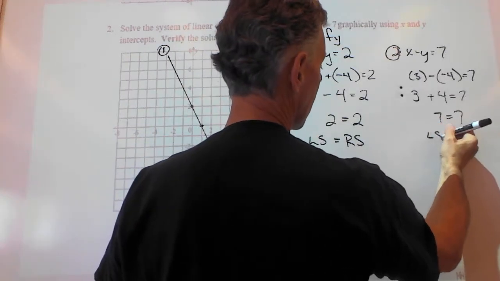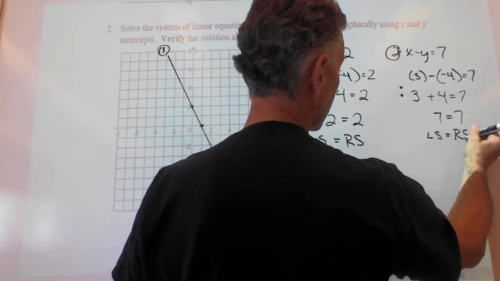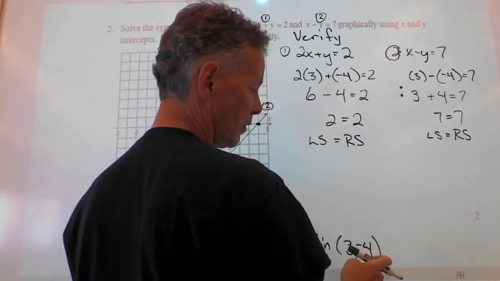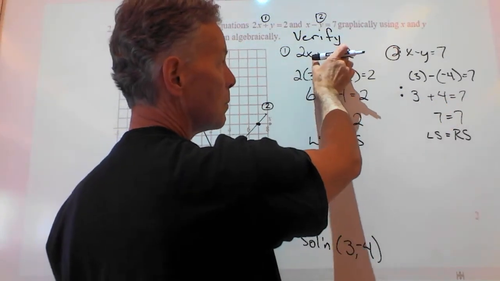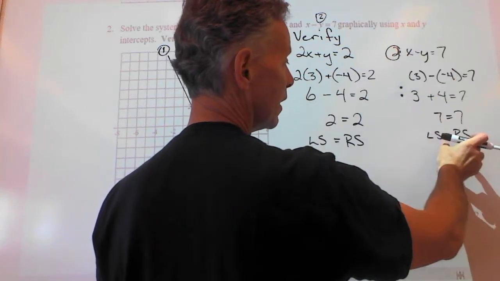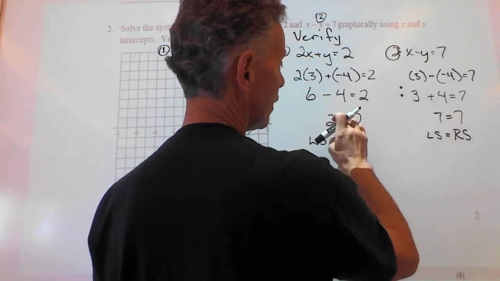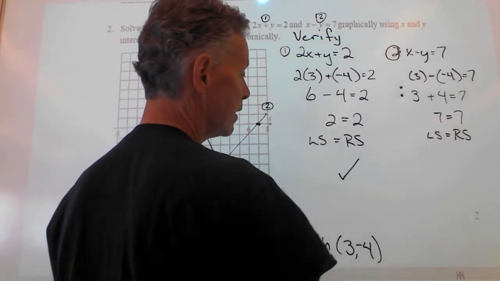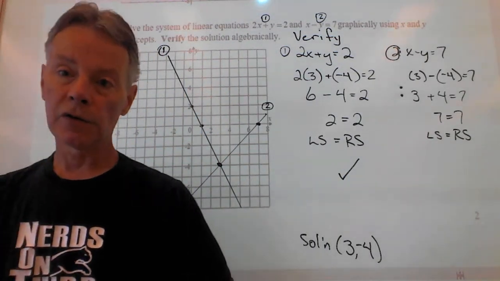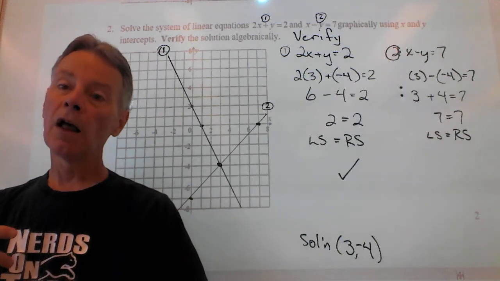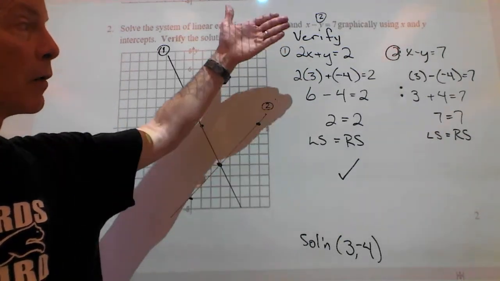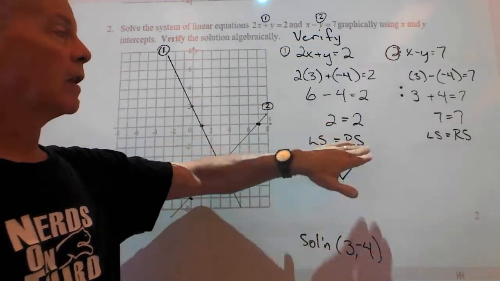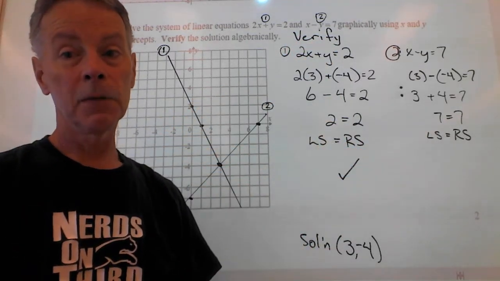So, again, left side equals right side. So, since our solution, 3 and -4, works in both of our equations, it results in the left side and the right side being equal, we can say, ka-ching, it is the correct solution. Okay, so again, verifying simply means going through this process, subbing in values, and seeing if the left side equals the right side. Okay?